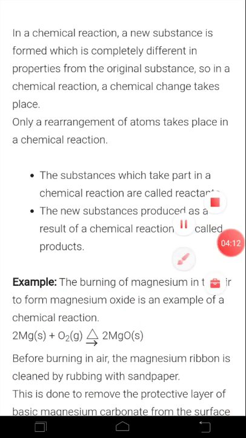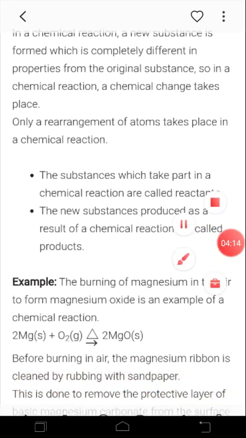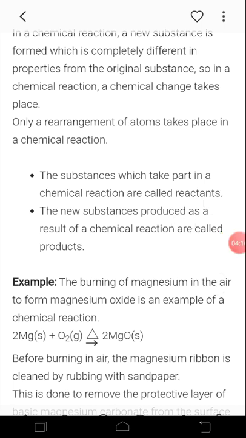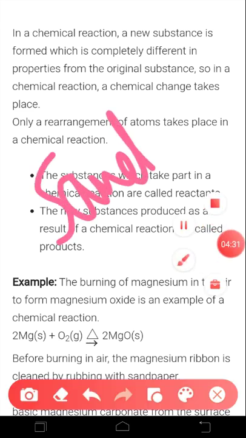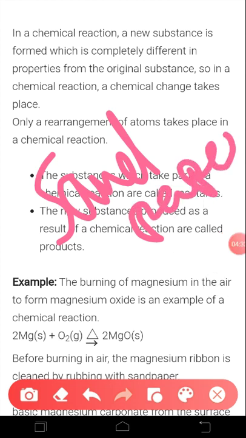Before burning in air, the magnesium ribbon is cleaned by rubbing with sandpaper. Before we burn the magnesium ribbon in air, we clean or rub it with sandpaper.